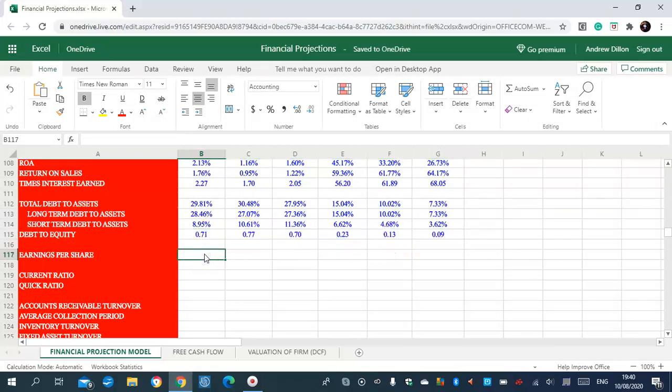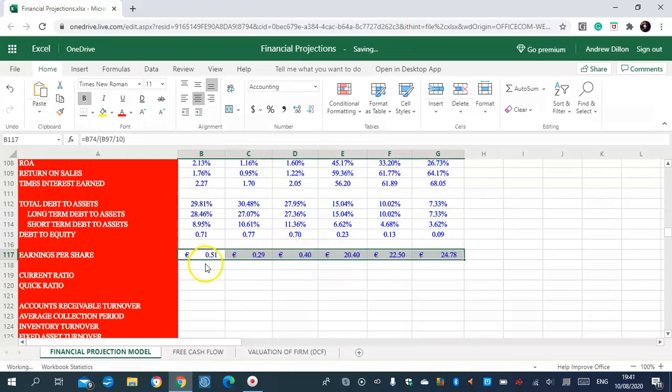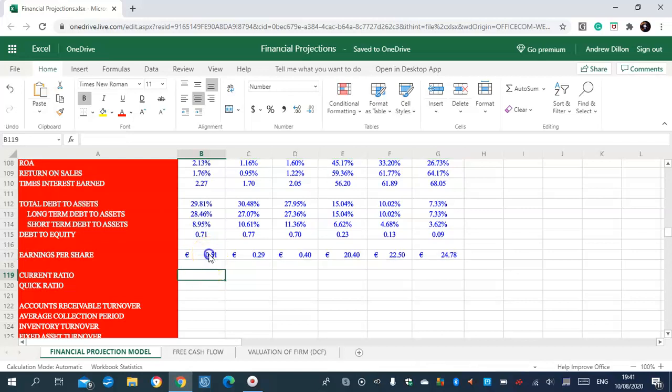Now let's calculate the earnings per share. Yeah, let's move on and calculate the current ratio.